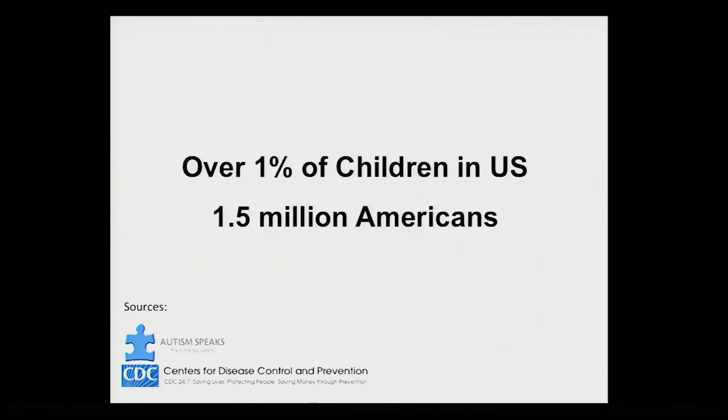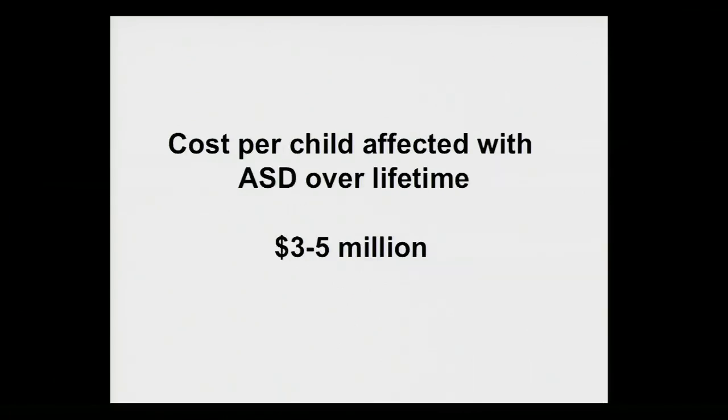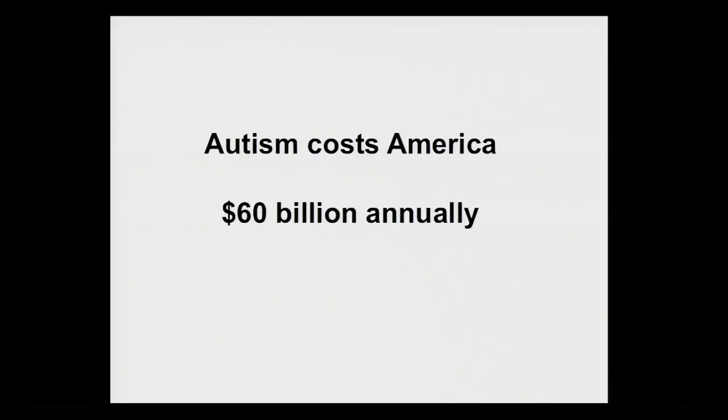Over 1% of children in the US are under the umbrella of autism spectrum, approximately 1.5 million Americans. The cost per child affected with autism over a lifetime is estimated at 3 to 5 million. Autism costs America approximately 60 billion annually.